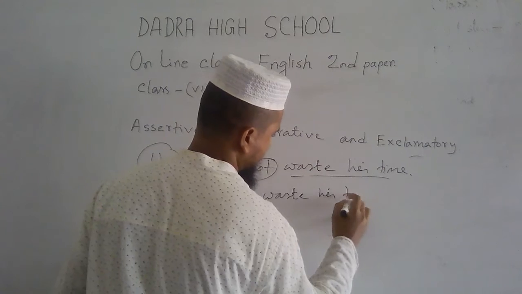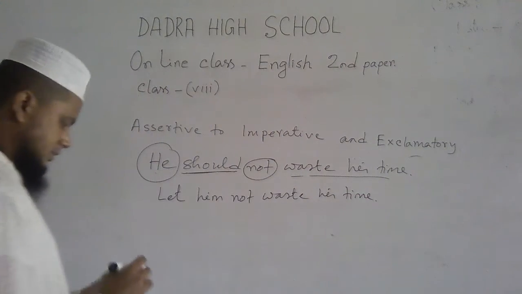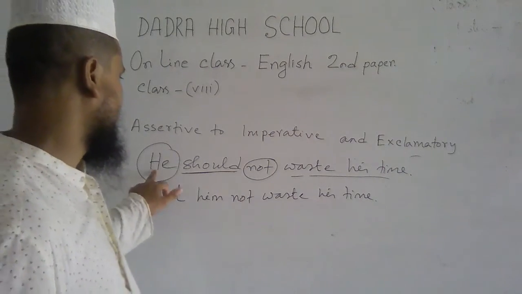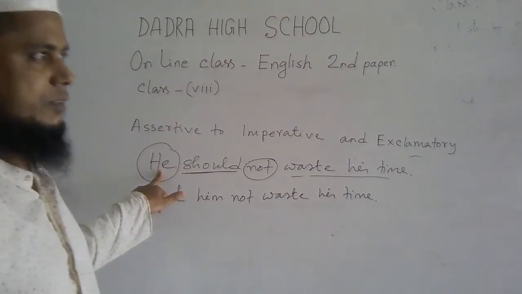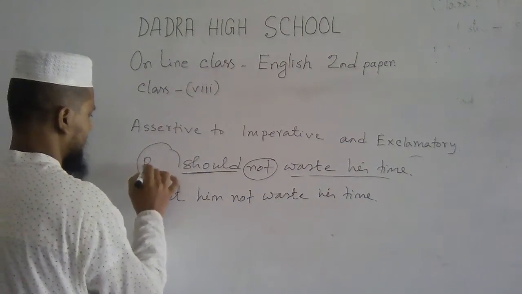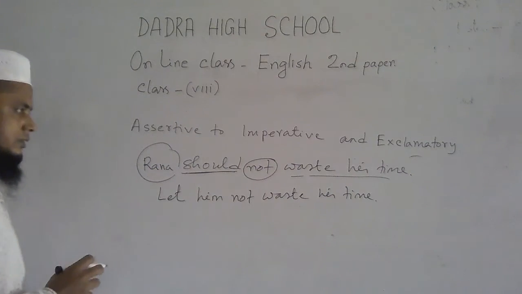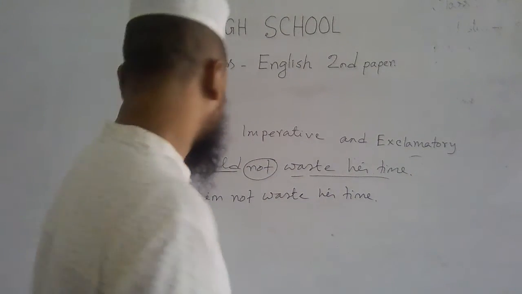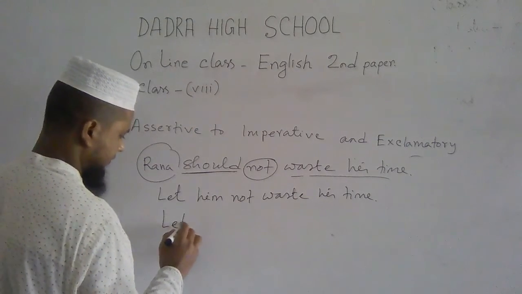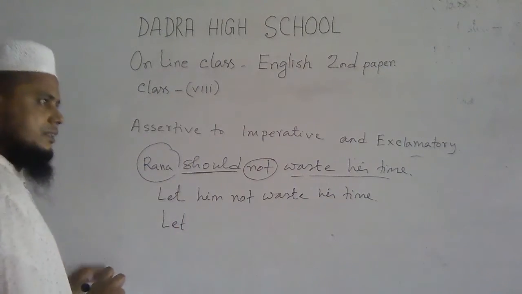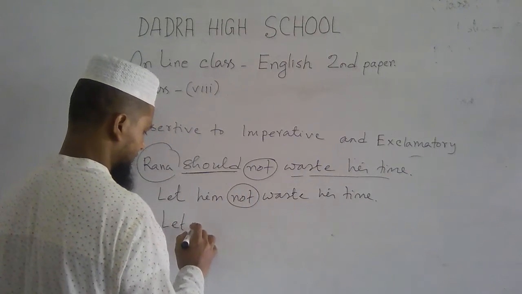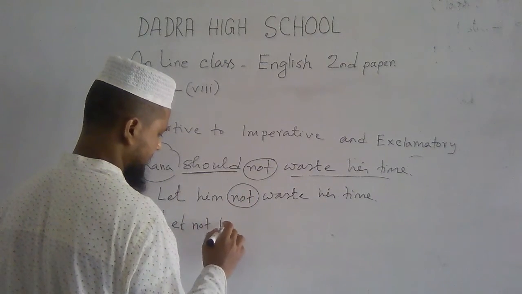Waste his time. This is an imperative sentence, and it starts with let as the subject is he, and he is third person. If there is a noun, Rana should not waste his time, then you have to keep in mind that if the subject is a noun, you will take not before the objective case.